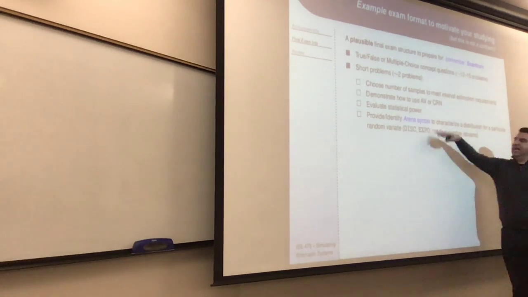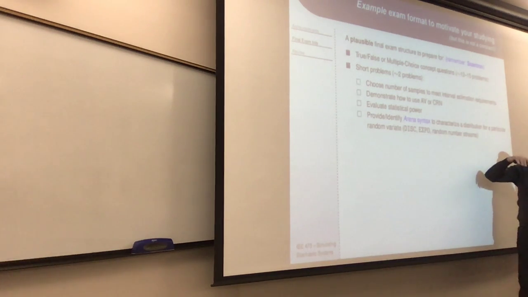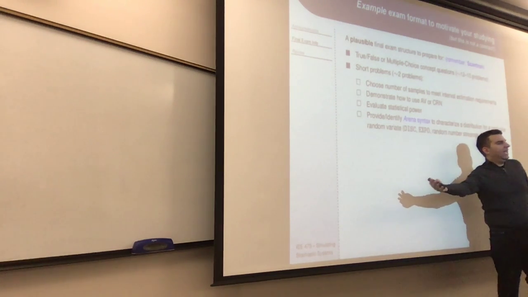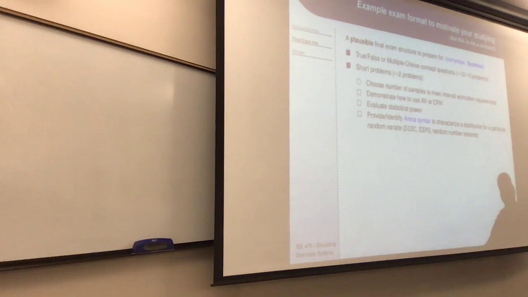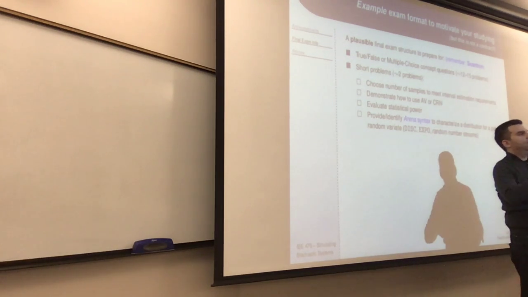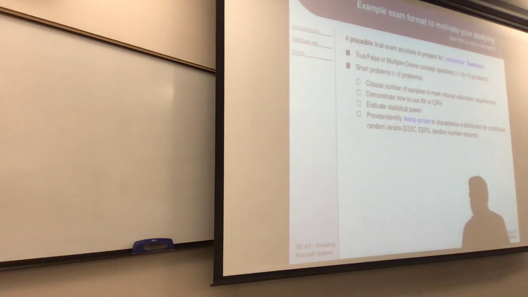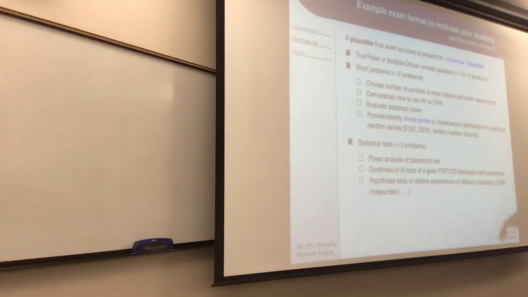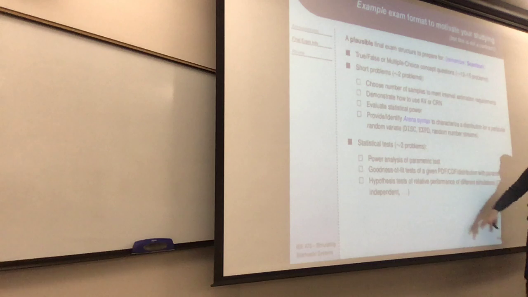Then some ARENA syntax stuff. So I might say, if I wanted to simulate a discrete probability distribution with these masses, what DISC line would I use? I might say, here's the first 4 numbers, what's the 5th number or the 6th number, something like that. And then maybe some statistical tests. Can you do a goodness of fit test?